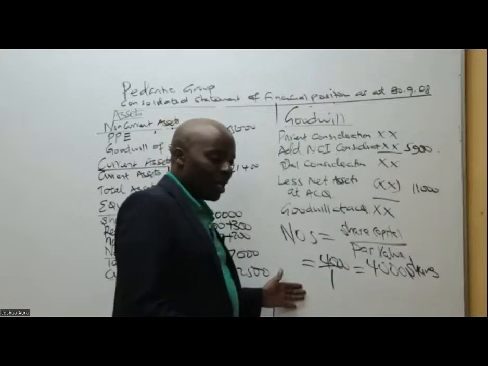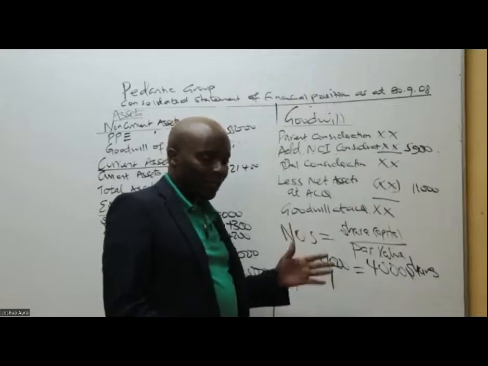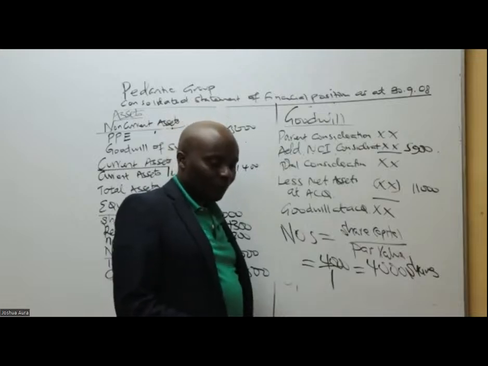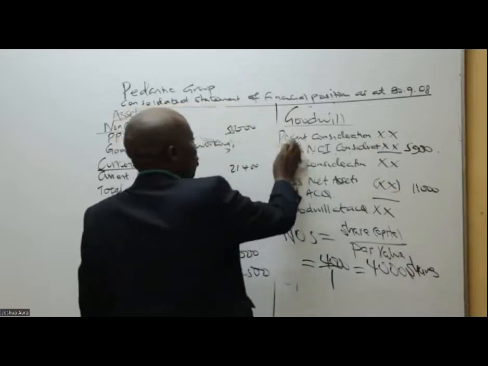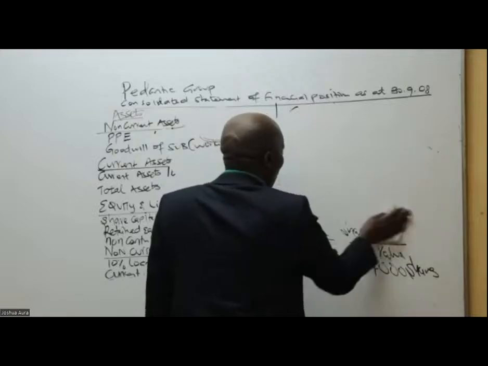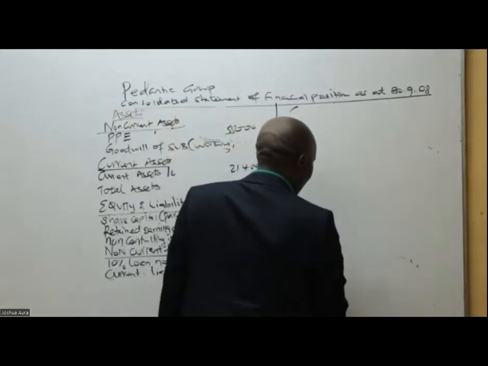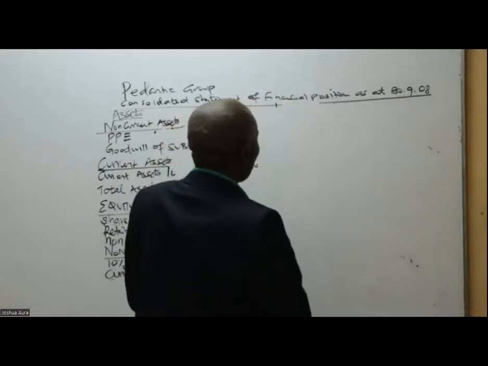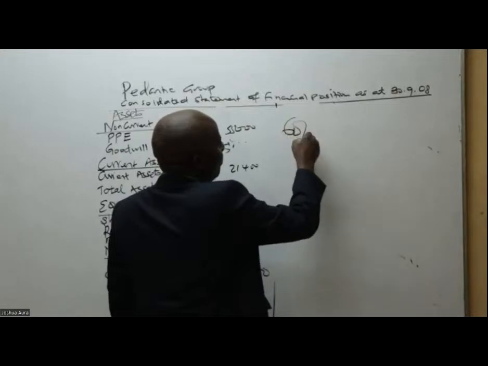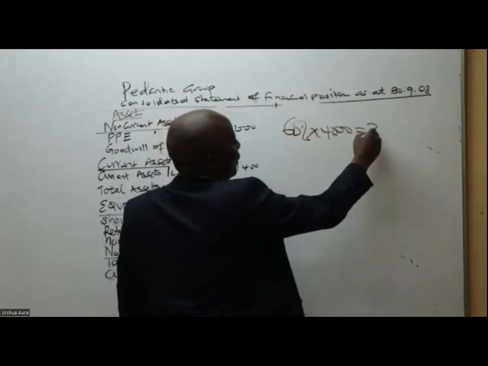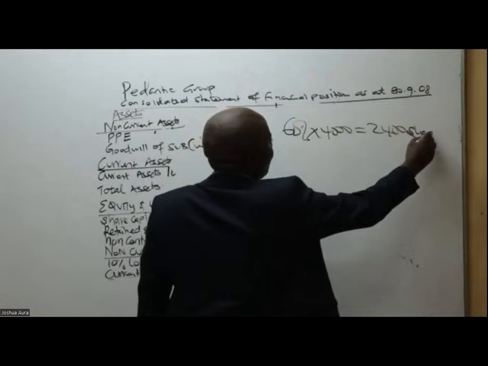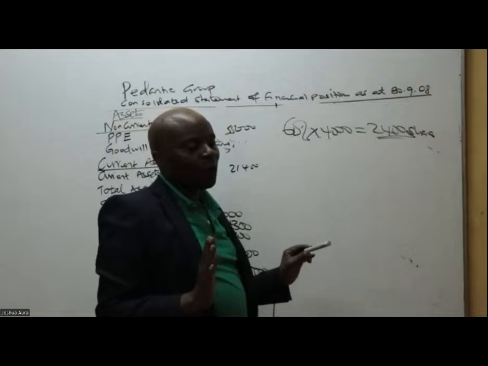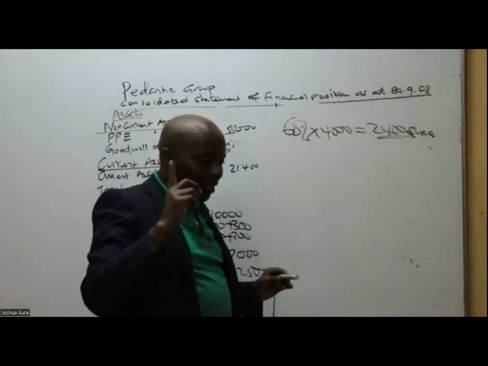So the shares of Sophistic acquired by the parent: 60% of 4,000 gives me 2,400 shares. So Sophistic gave out 2,400 shares to the parent.